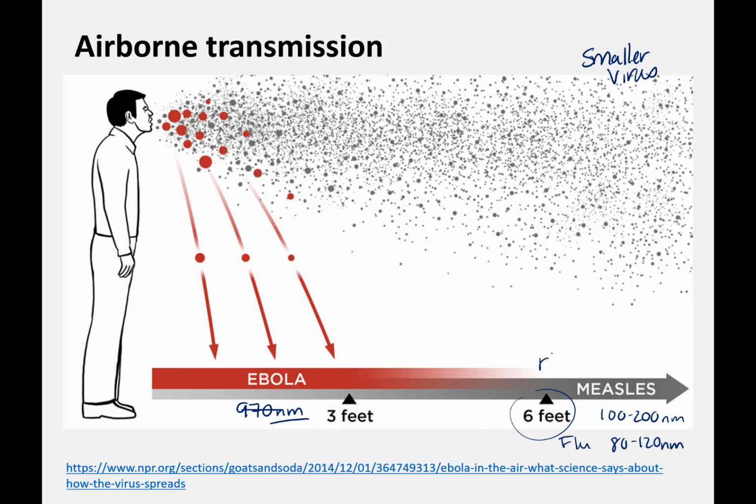Rhinovirus is a super small little virus. It's only about 30 nanometers. So it can travel really far, and there are so many types of rhinovirus. That's why you can continuously get a new cold that your body hasn't figured out how to deal with yet.